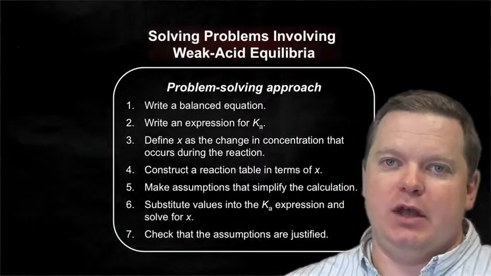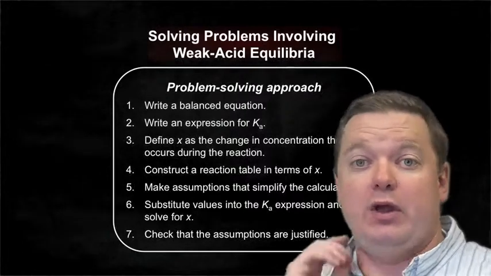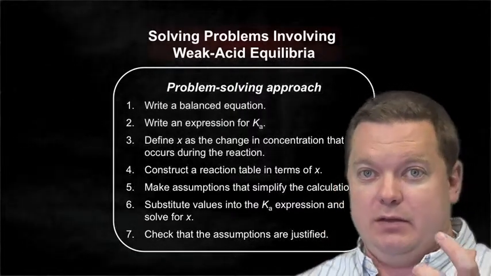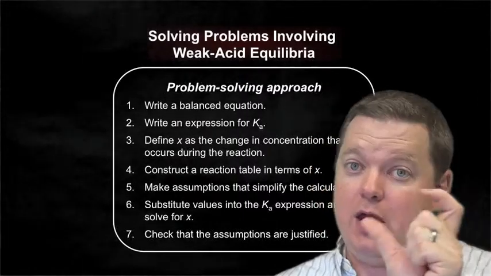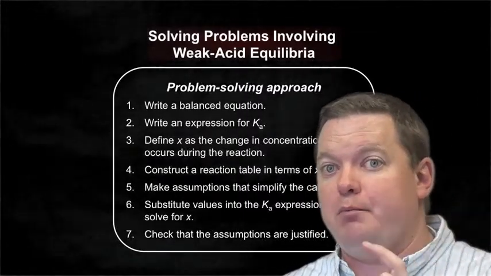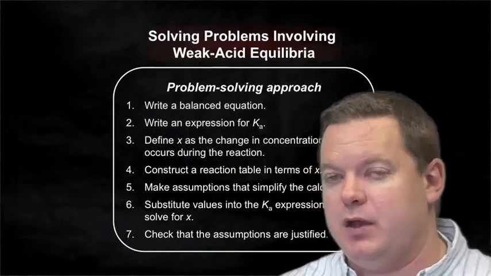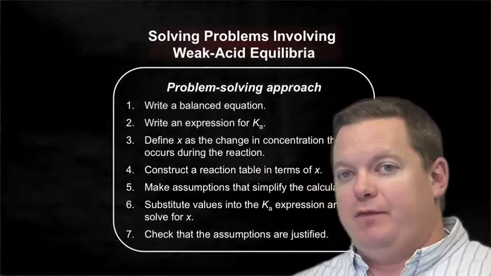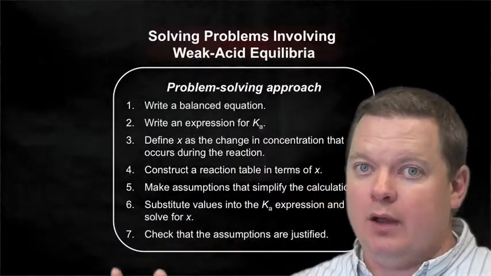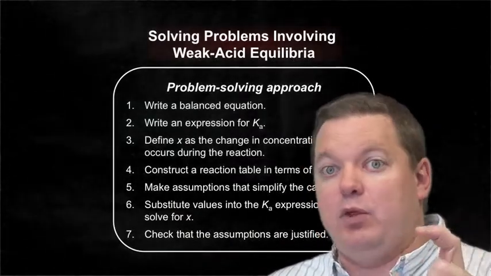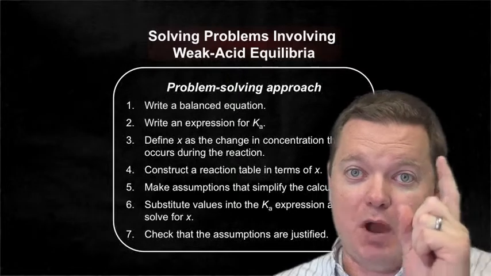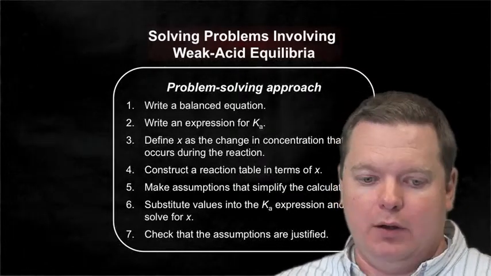Remembering that I typically try the assumption if the value of K, the equilibrium constant Ka or Kb, is more than 3 orders of magnitude different than the initial concentration. So if our initial concentration is 0.1, we should try the assumption if the equilibrium constant is 10 to the minus 4 or smaller.